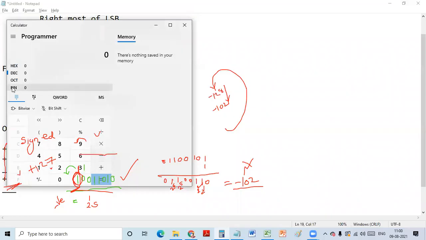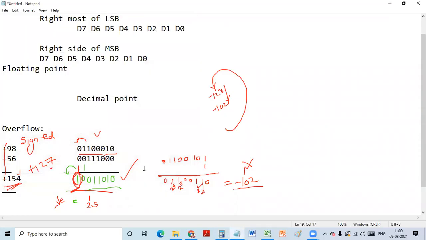So in binary, your result is 1 0 0 1 1 0 1 0. Okay. So how much is this? This is in decimal 154. So if you treat that your numbers are unsigned, all the 8 bits will participate in magnitude. I will get the correct result, plus 154.